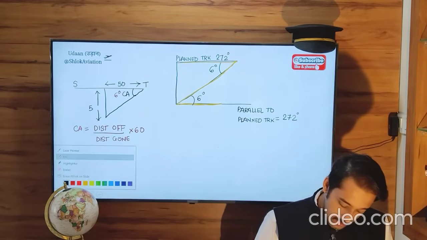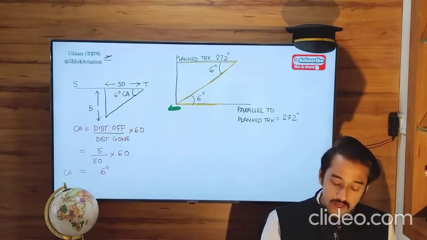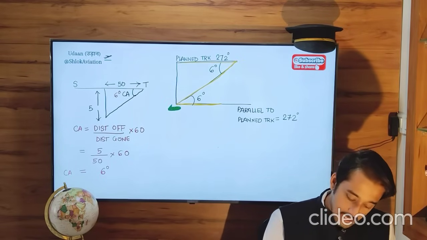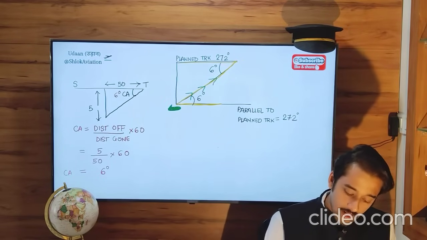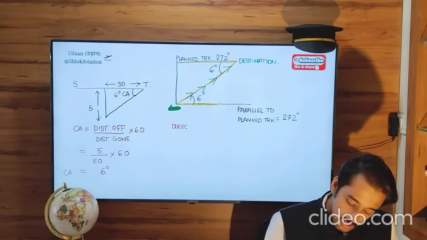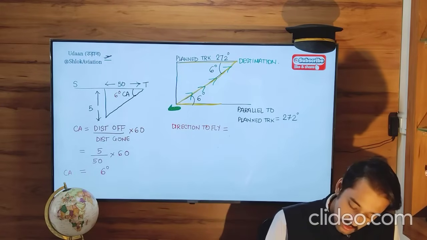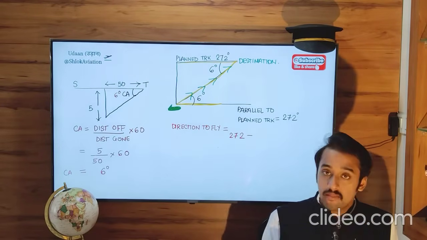So now currently your aeroplane is flying here. And in order to arrive directly overhead the destination, what direction will it have to follow? So the direction to fly will be equal to 272 minus. Why minus?